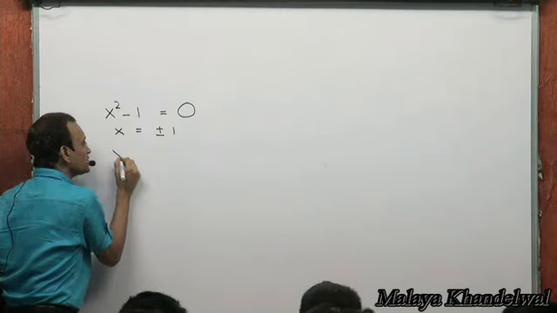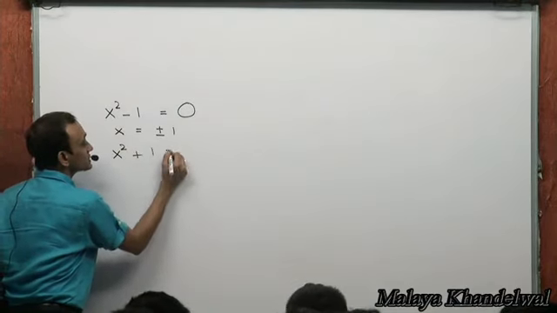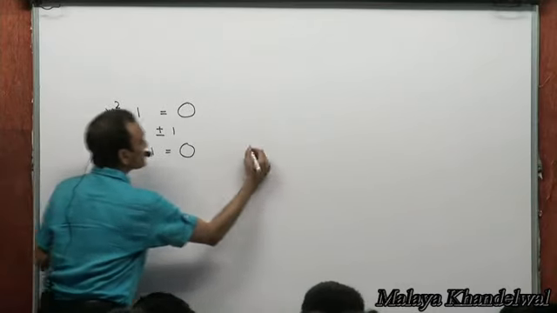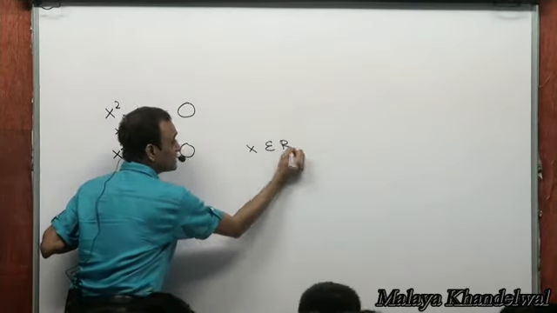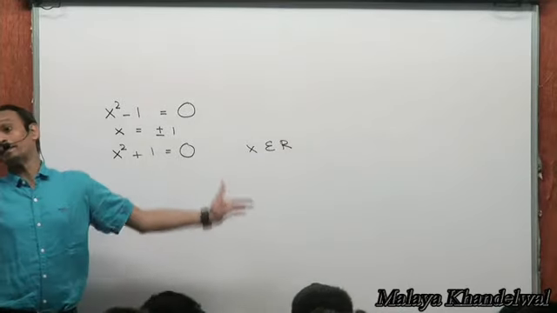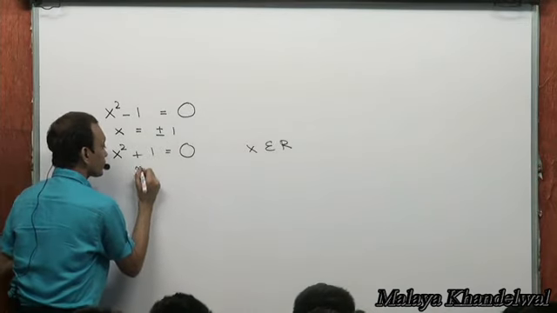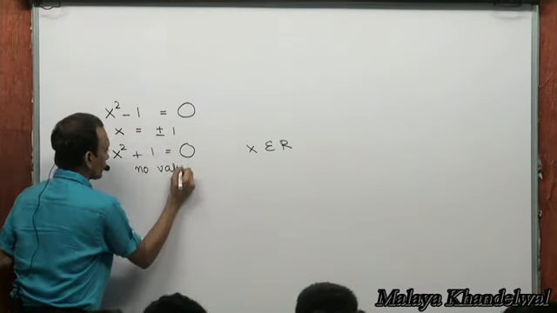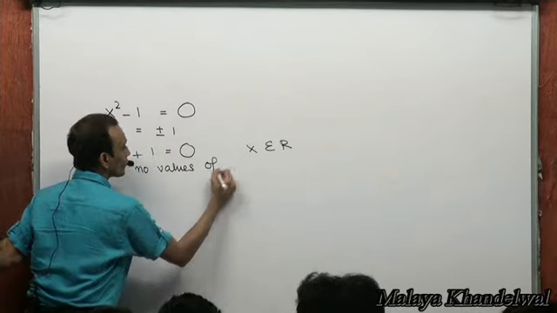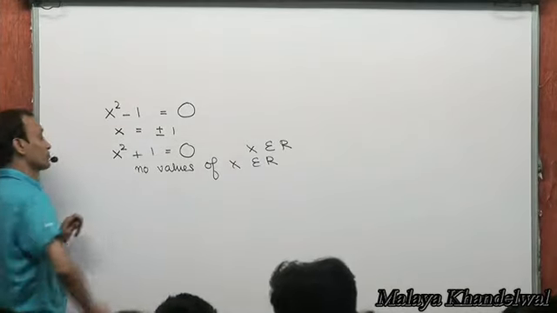Then if I have a statement like x square plus 1 is 0, and if x is a real number, then this statement is true for no values of x. As long as x is real, it's not true for any real values of x.